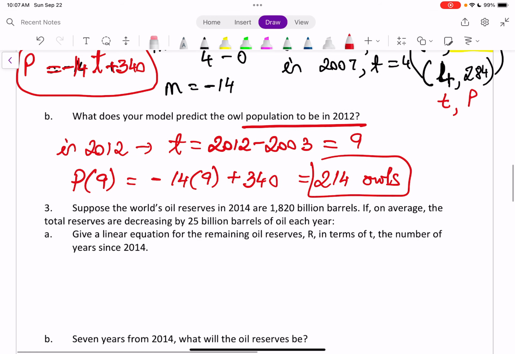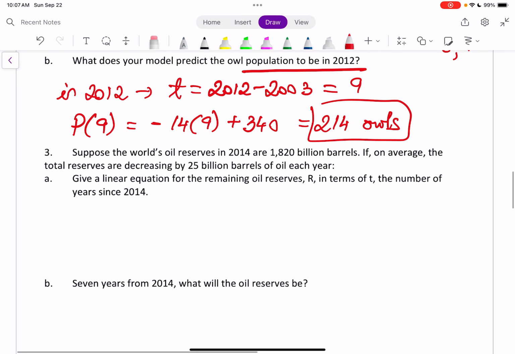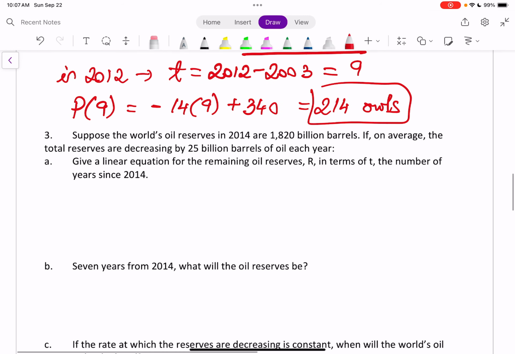All right. And here's yet another question that's very similar. It says, suppose the world's oil reserves in 2014 are 1,820 billion barrels.